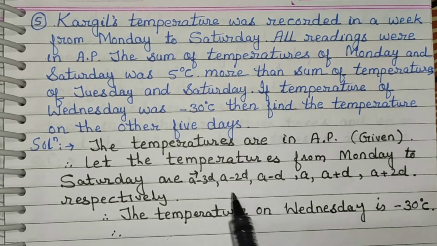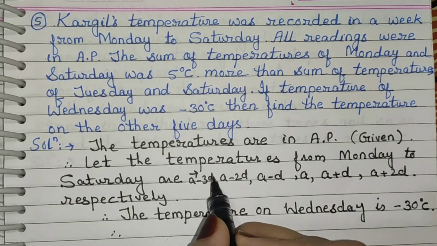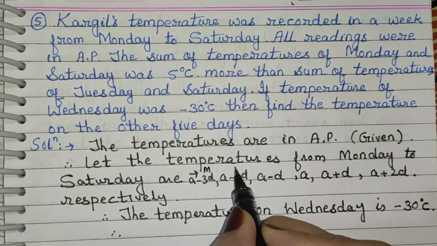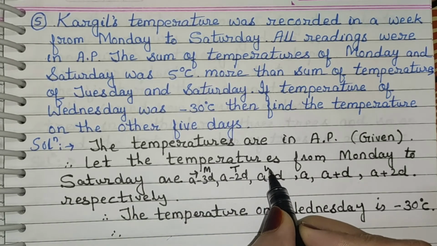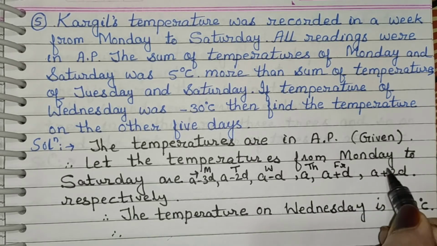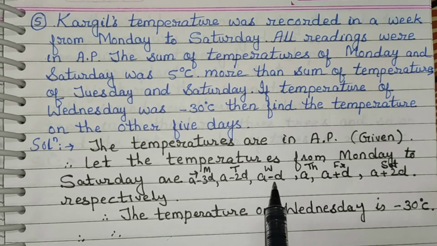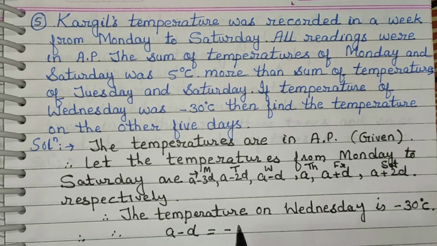Therefore, now we consider here Monday to Saturday. First one is Monday, second Tuesday, Wednesday, Thursday, it is Friday, and it is for Saturday. Now the temperature on Wednesday is a minus d, which is equal to minus 30 degrees centigrade.